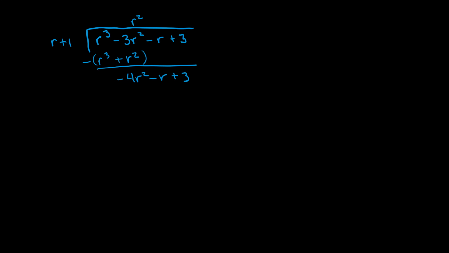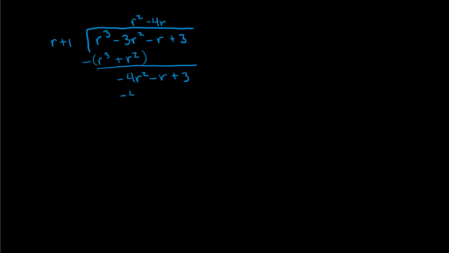Once again, we're going to do the exact same thing that we just did. The question is, what do we multiply r by to make it look exactly like a negative 4r squared? That's going to be a negative 4r. And as I work through this, just a little side point, notice I'm trying to keep my values lined up with the place value. So I'm going to take this negative 4r and distribute it over r plus 1.